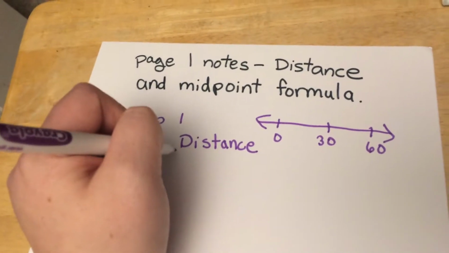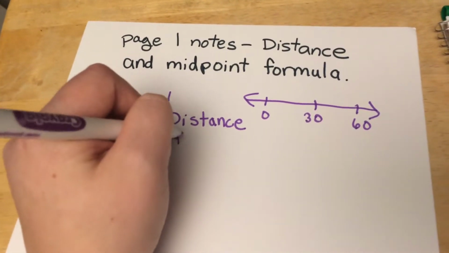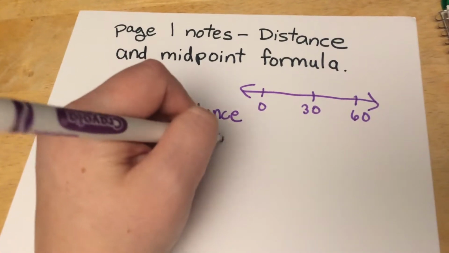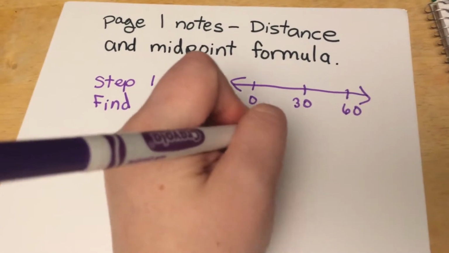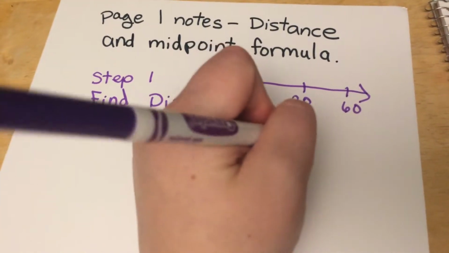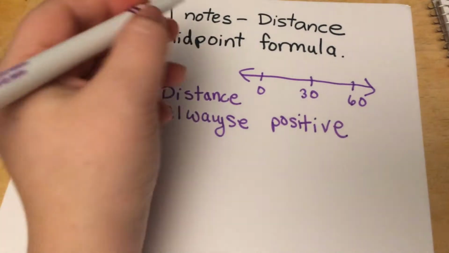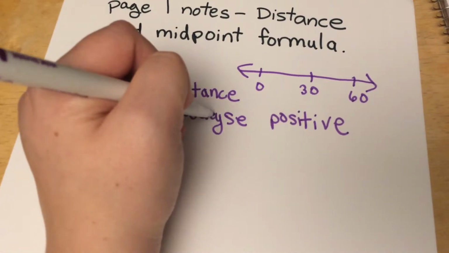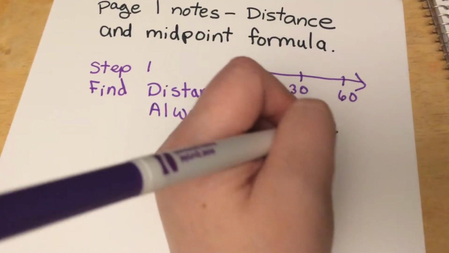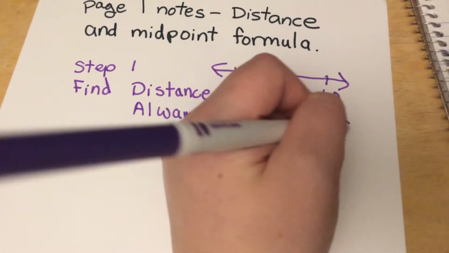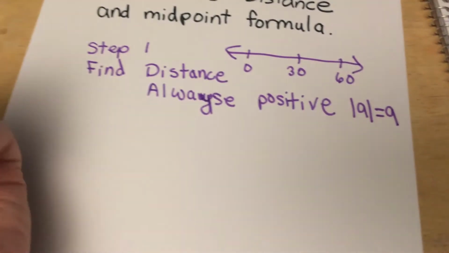But in math, when we're working with distance, we say that it is always positive. We discussed how we make something always positive by using the absolute value. So the absolute value of A is equal to A.